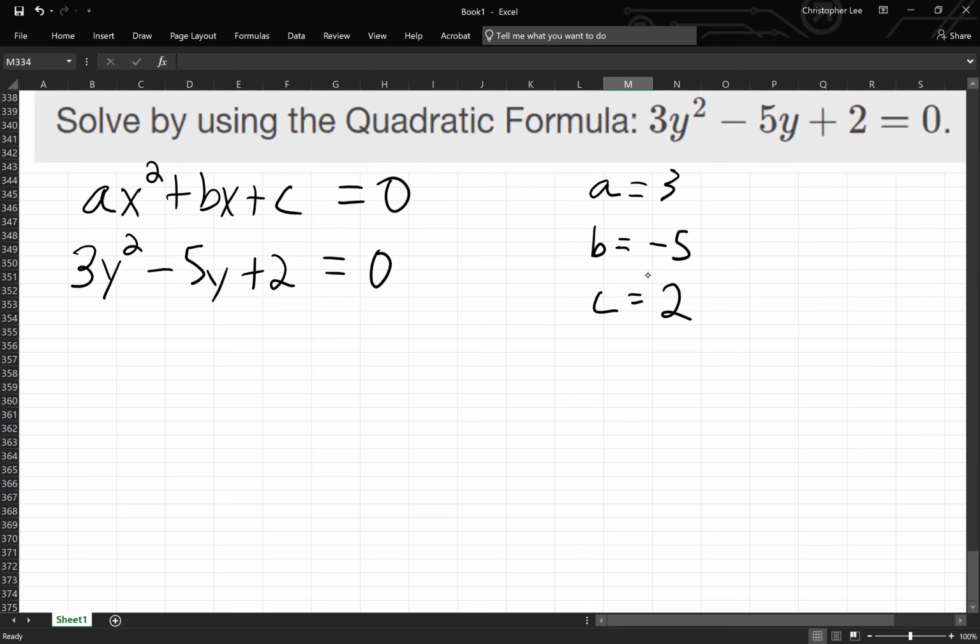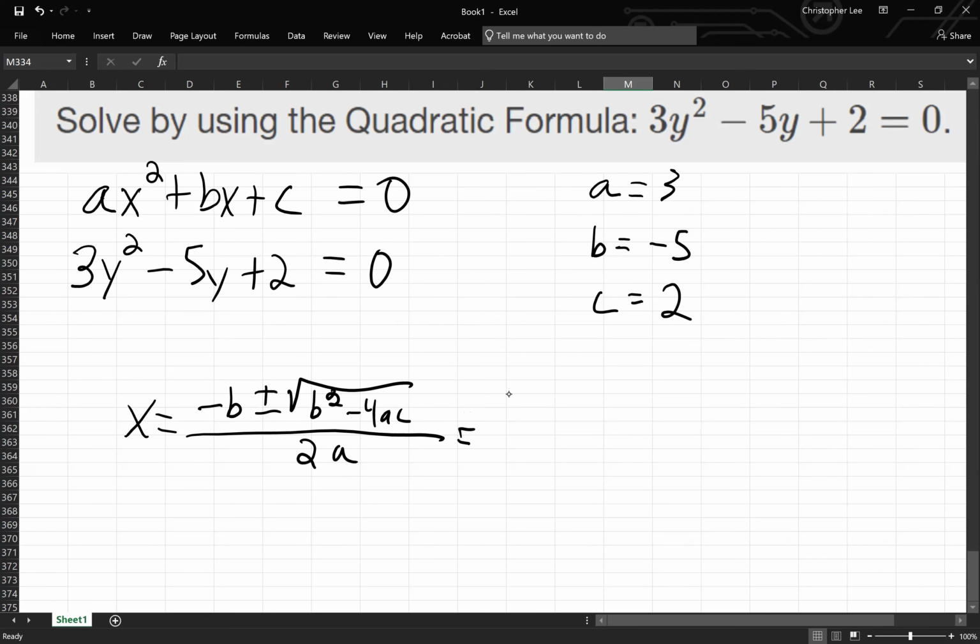2. Now, all you want to do is just write down your formula. So it's x is equal to negative b plus or minus the square root of b squared minus 4ac all divided by 2a.